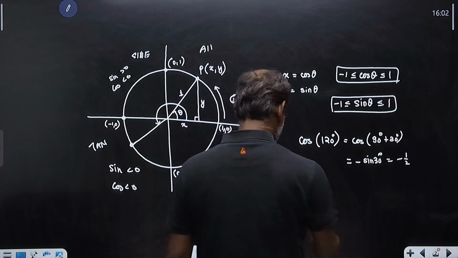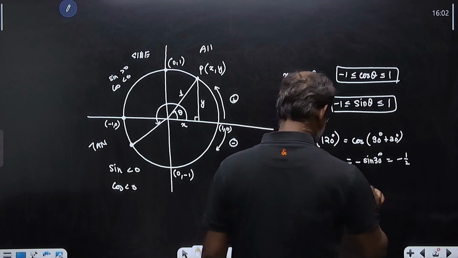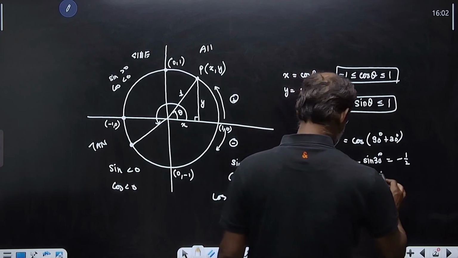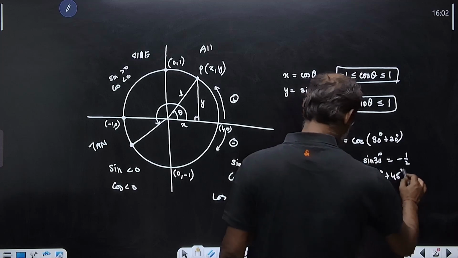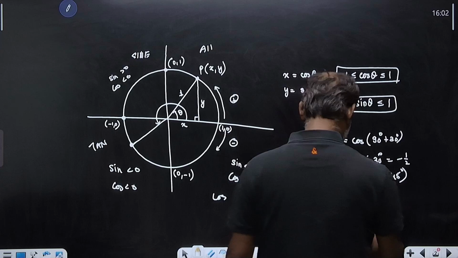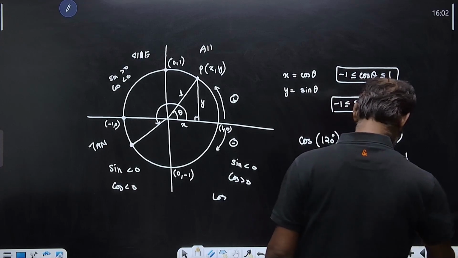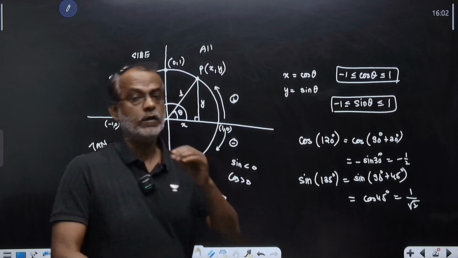Somebody is asking you sin 135 degree. So, sin of 90 degree plus 45 degree. So, this is cos 45 degree. This is 1 by root 2.